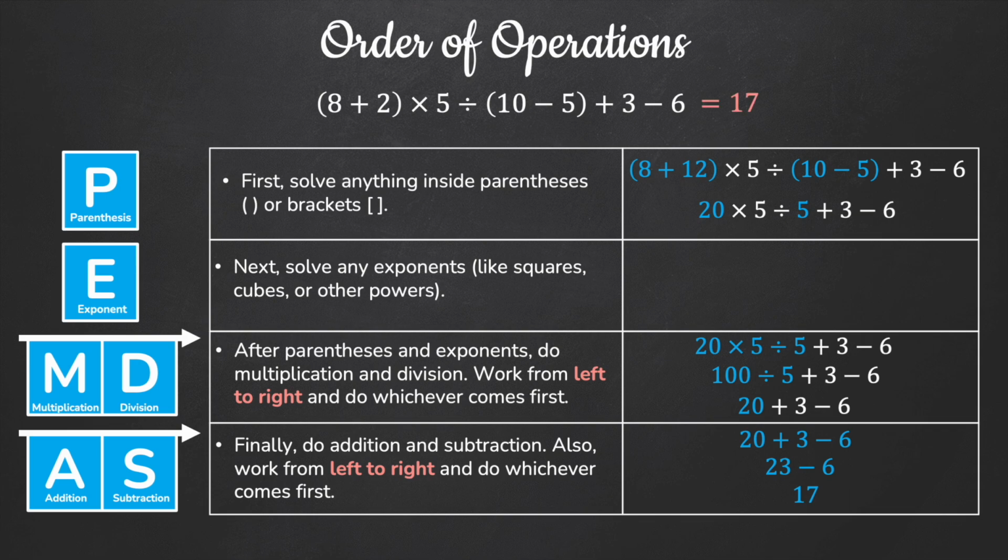So that means that 8 plus 2 in parentheses times 5 divided by 10 minus 5 in parentheses plus 3 minus 6 is equal to 17.